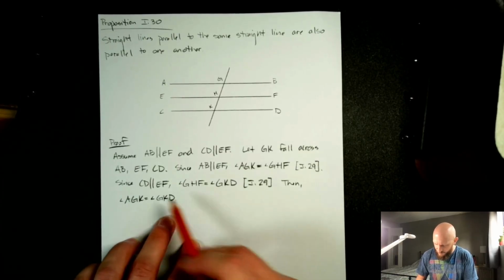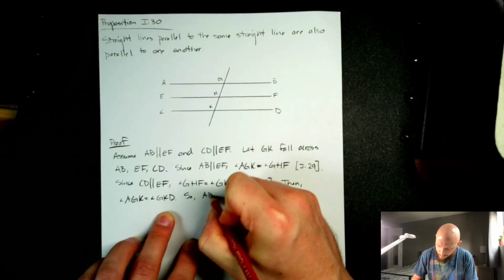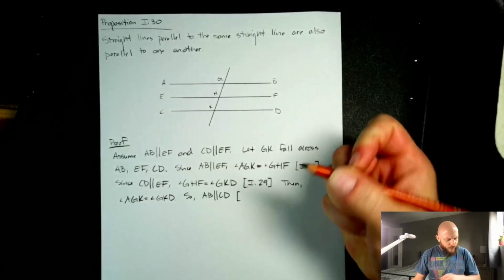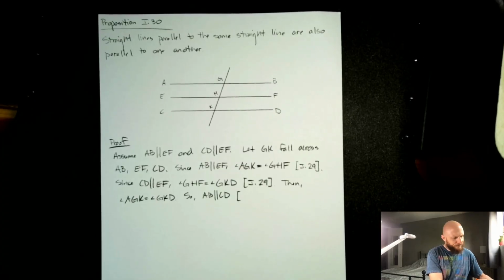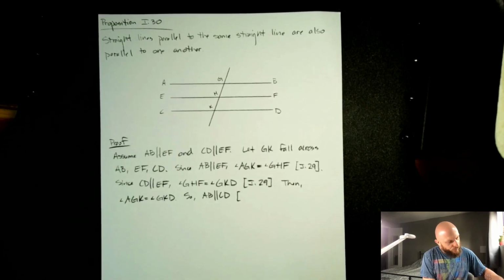So I'll write out the conclusion. So AB is parallel to CD. And what proposition is this by? Let's see. 27 is the one that says a straight line falling on two straight lines makes the alternate angles equal to one another. No, that's not the one that we want. I think it's 28.